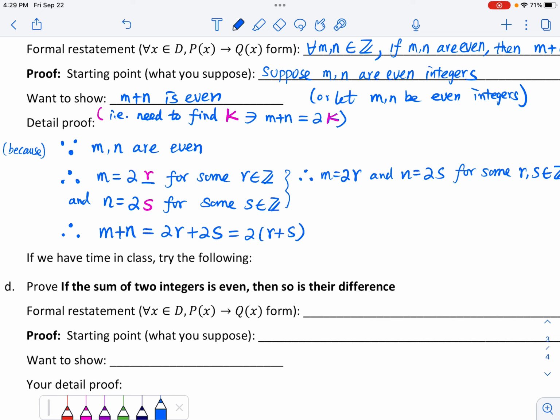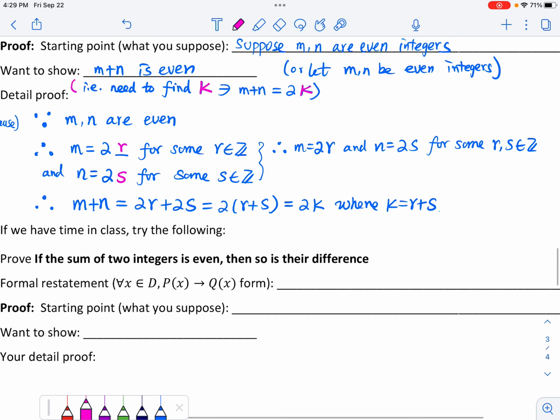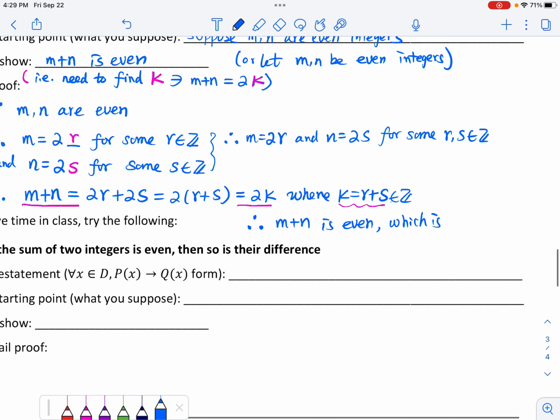So this is equal to 2k, where k is equal to r plus s. So you see that m plus n equals 2k, where k is an integer. Therefore, m plus n is even, which is what was to be proved.